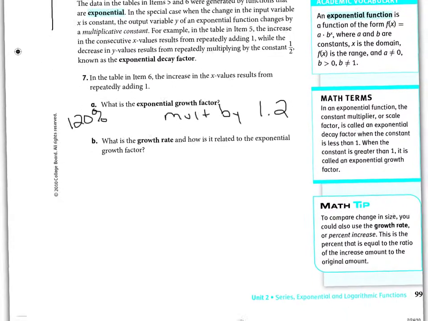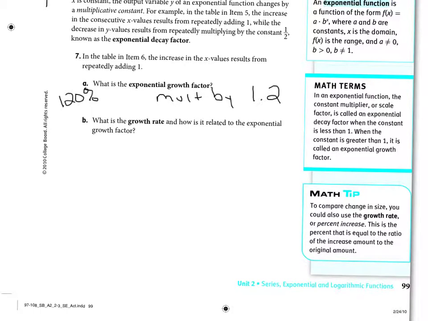How much were we increasing by? The growth rate, or percent increase, is actually going up by 20%. So it's a 20% growth rate. Anytime you're multiplying by something larger than 1, you're going to have what's called growth. If it's less than 1, like multiplying by half each time, you're going to go down and down and down and get smaller. We call that decay.